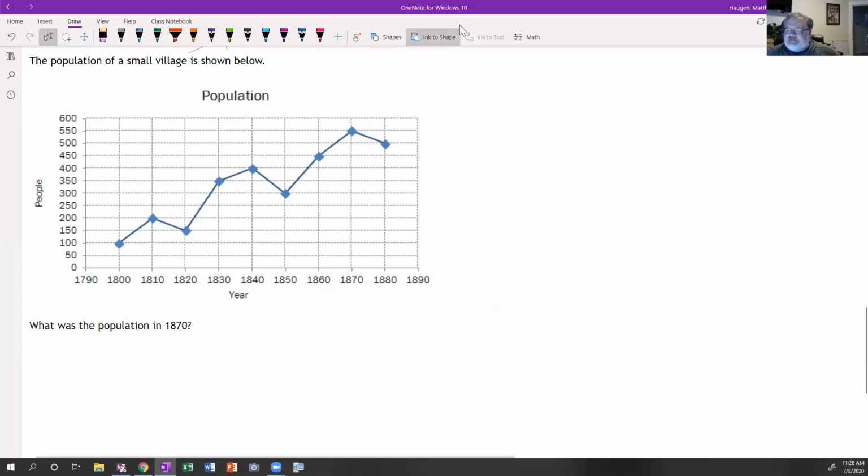So this is a different type of chart. I'd say it's a different type of chart. It's a line graph, but how different is it?